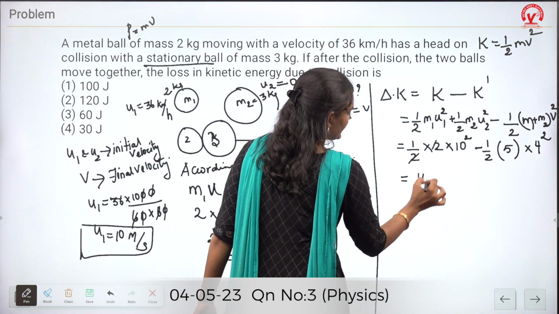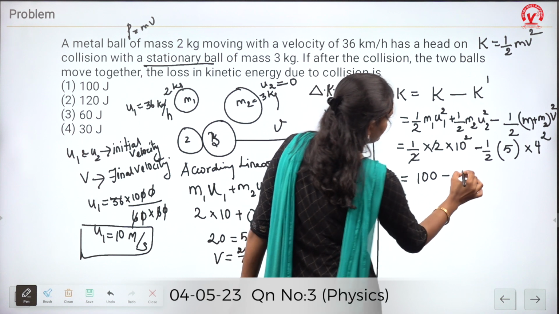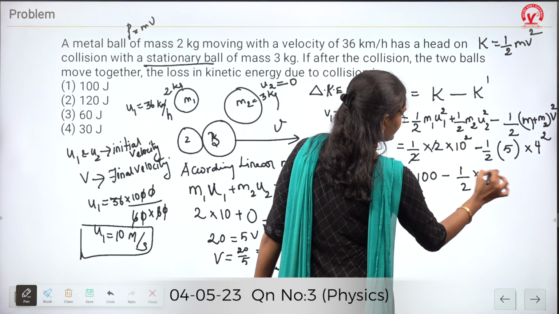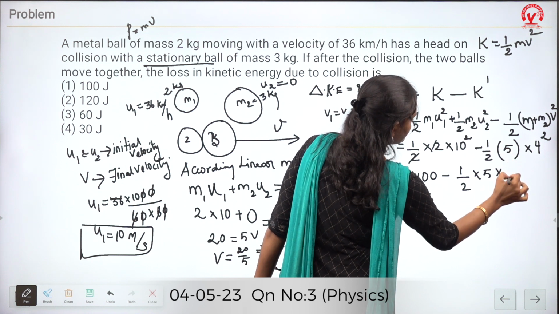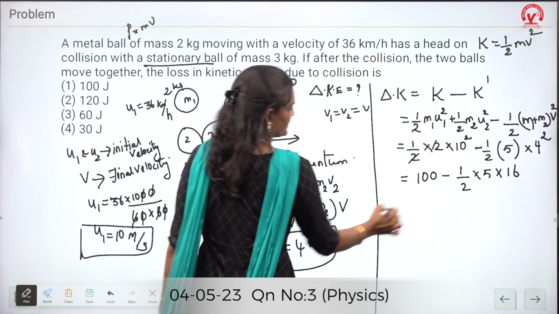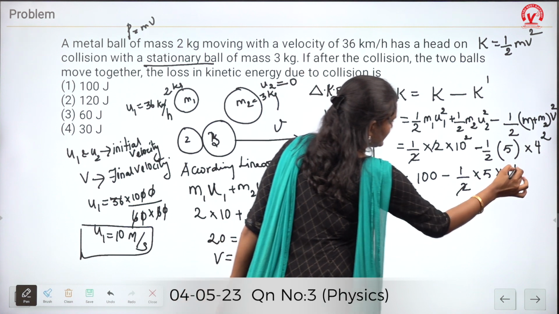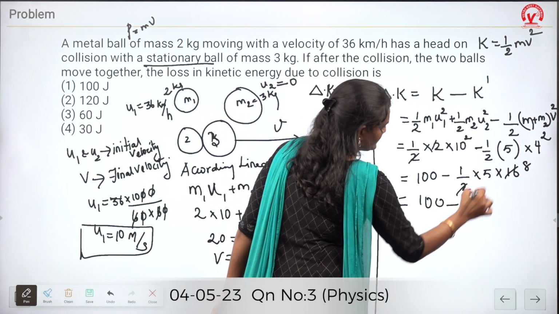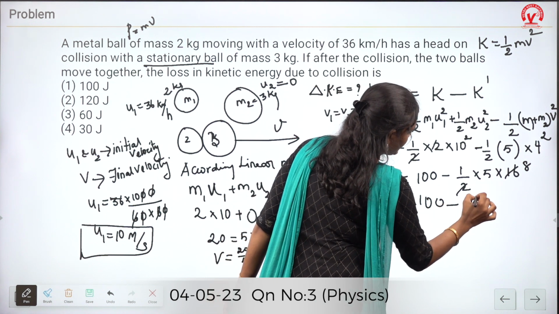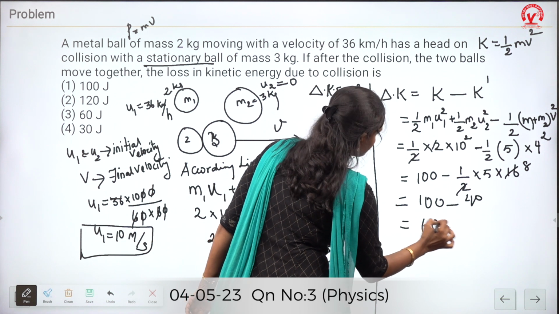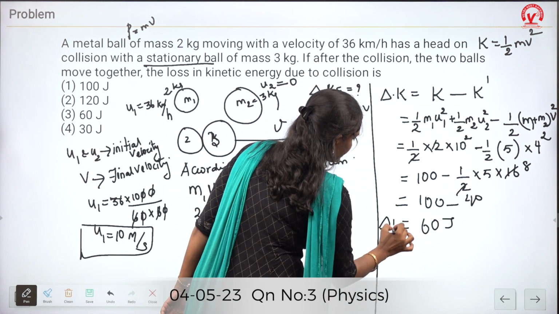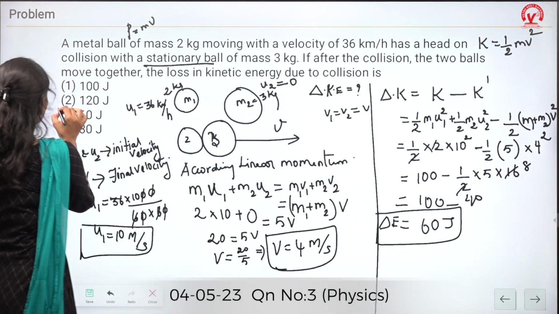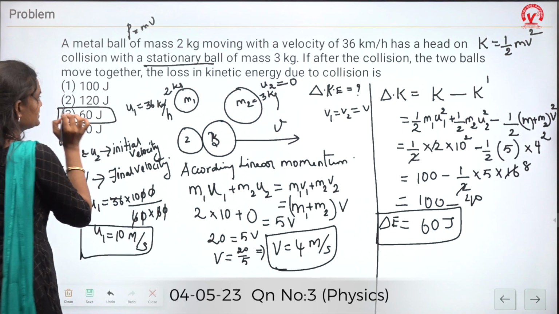Now this is 100 minus 1 by 2 into 5 into 16. This is 8... now 100 minus 40 is equal to 60 joule. So the loss in kinetic energy is equal to 60 joule. So the option is the third one, 60 joule.